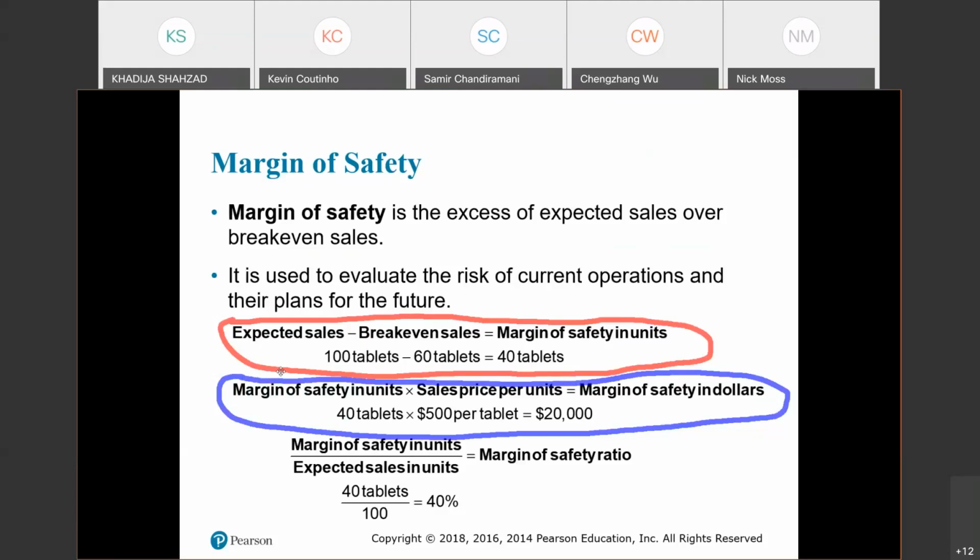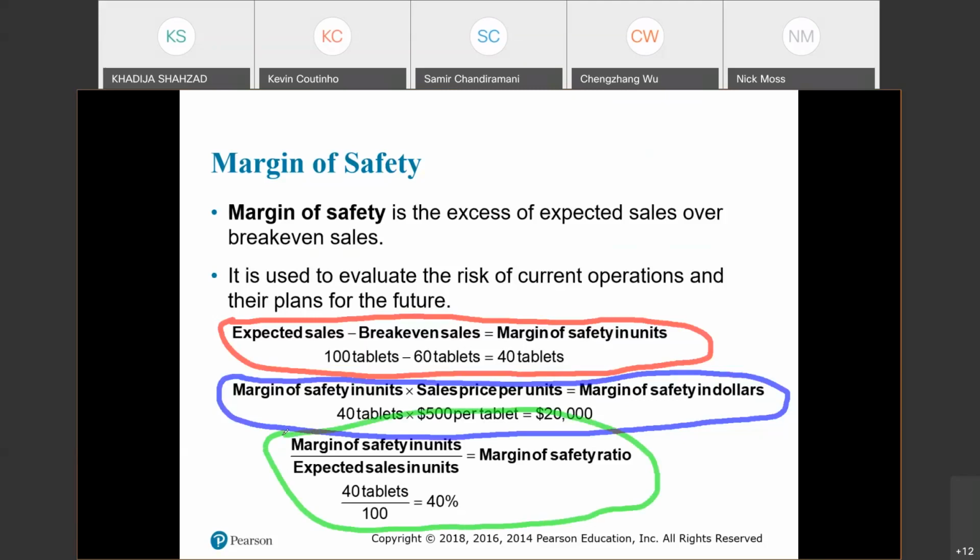And lastly, margin of safety can also be expressed in terms of ratio. We use margin of safety in units divided by the expected sales in units. 40 tablets divided by 100 tablets.